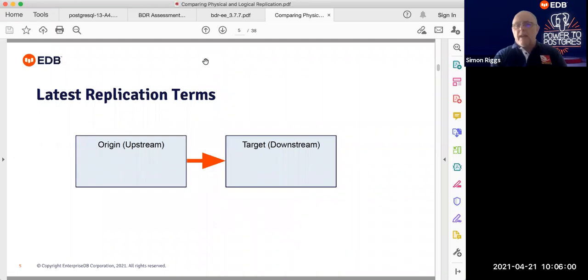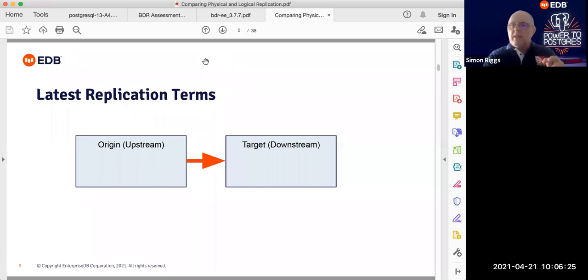But before I do that, just a word about the terms that we're going to use. In this presentation and other ones, I talk about the origin node as being the node where the changes originate. That is also known as the write node, the primary, the master.